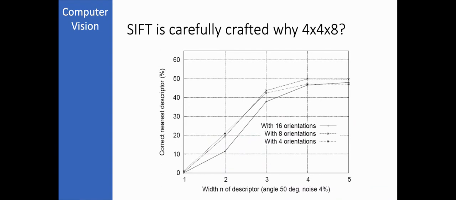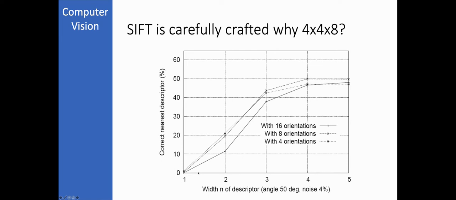Now, this sounds almost like a food recipe, but actually SIFT is very carefully crafted. For example, we can ask, why do they extract 4x4 blocks within each patch and use orientation histograms with 8 bins? Here I look at the size of the descriptor, with 16 orientations, 8 orientations, or 4 orientations in the histograms, and I also vary the width of the blocks: 4x4 blocks here, 3x3 blocks, 2x2 blocks, and 1x1, so basically 1 pixel.